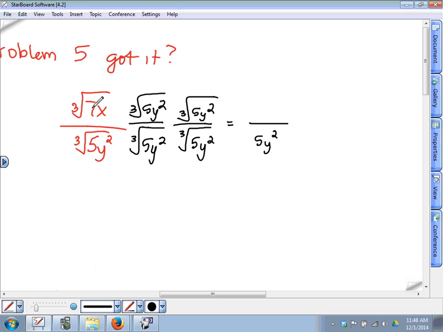But you notice in the numerator these are not all exactly the same, so the cube root's not just going to disappear. You have to multiply the terms on the inside. 7 times 5 times 5 is 175. X y to the 4th.